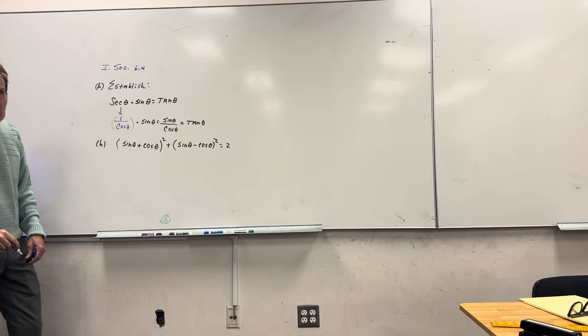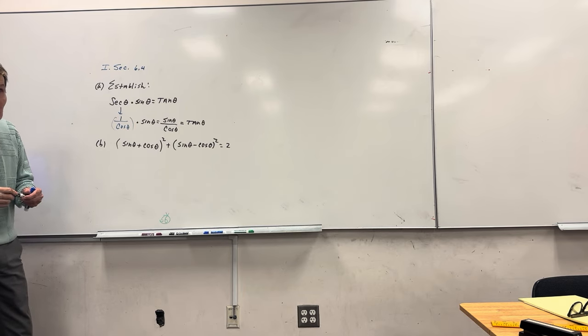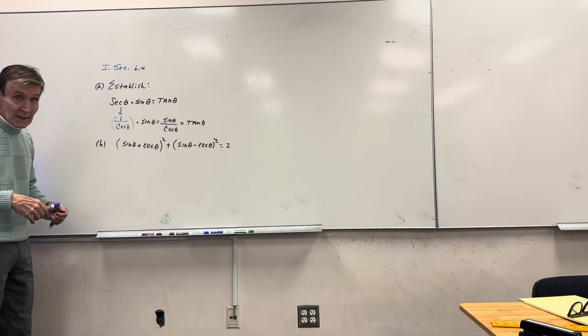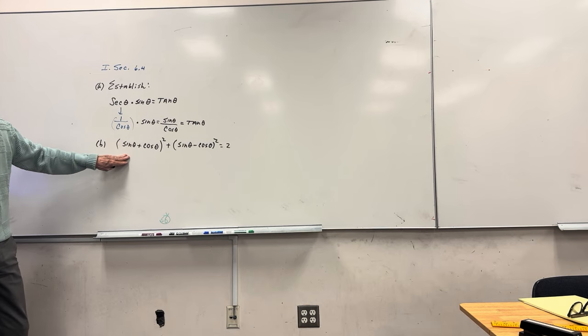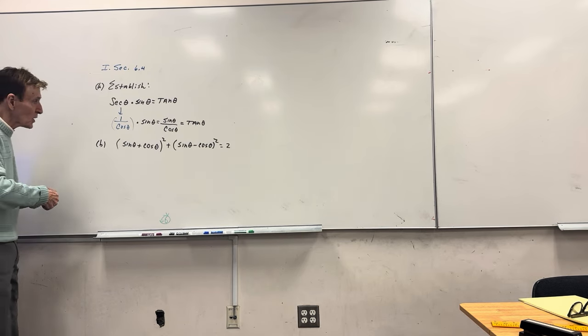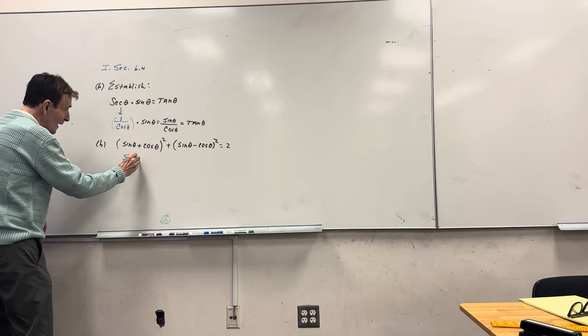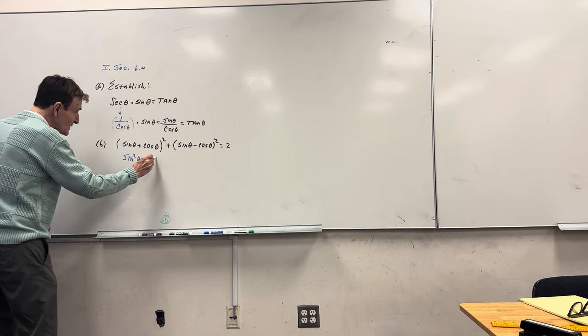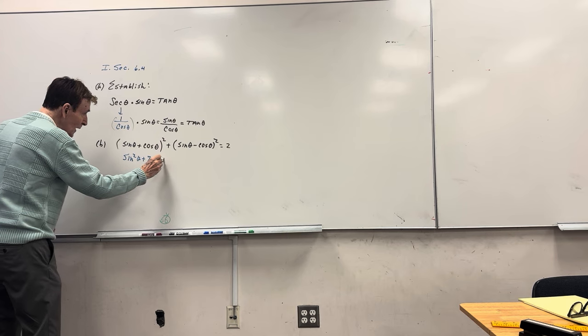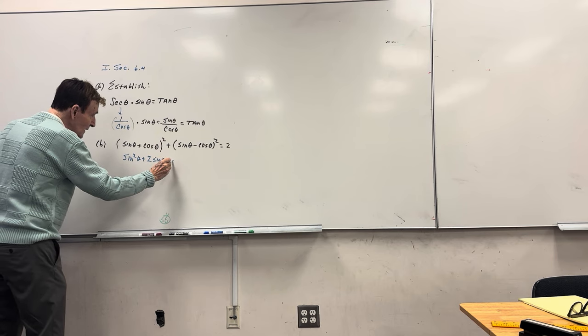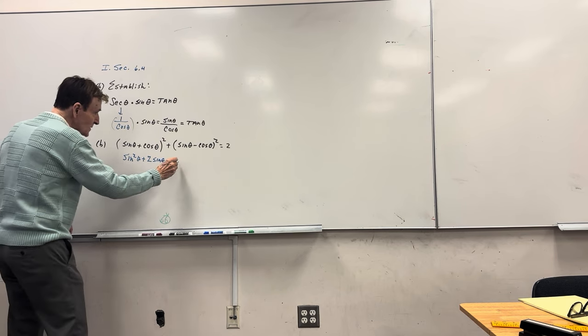They want you to establish that using some basic identities we've already used in class. To get us started, I'm going to expand this first. Be careful, guys, when you square this, it's not just sine squared plus cosine squared. There's a middle term. So we end up with sine squared plus 2 sine cosine, plus cosine squared.